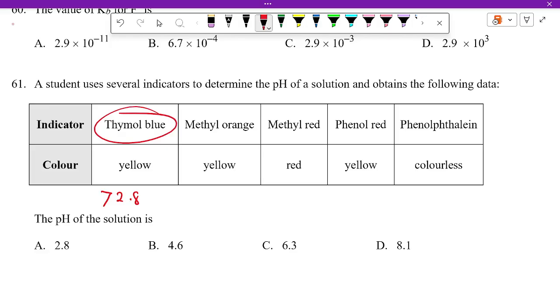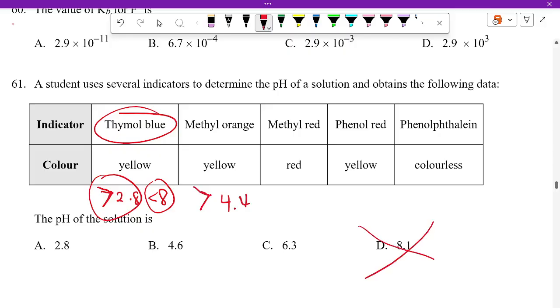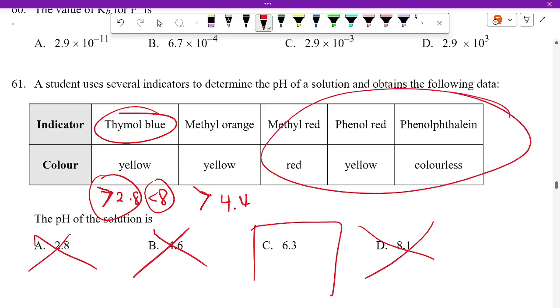It turns from yellow to blue at pH 8. So it is greater than 2.8, but also less than 8. Methyl orange is yellow, which means it's greater than 4.4. So it's not this one. It's not this one. It's greater than 4.4. I don't even need to look at these. It'll be this.